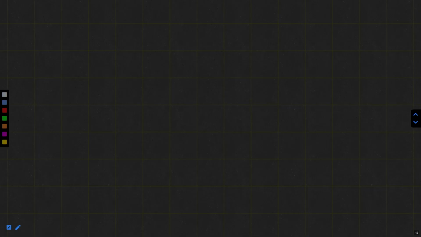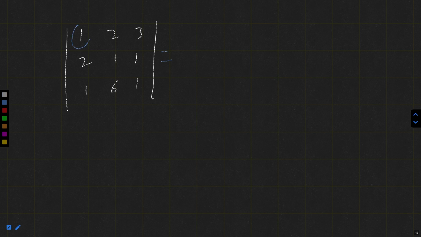Let me give you an example. Suppose 1, 2, 3, 2, 1, 1, 1, 6, 1. Okay, determinants of this matrix. So quite simple. So this is 1 comma 1. You do not have to remember the signs, what sign you will choose. Quite simple. Always start from plus and then change the alternate sign.